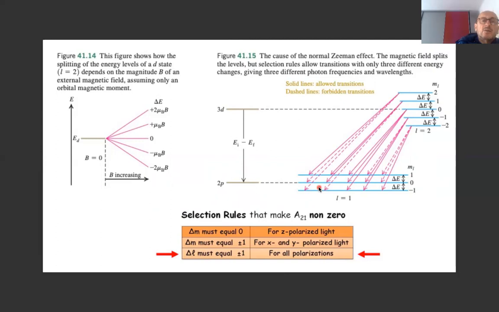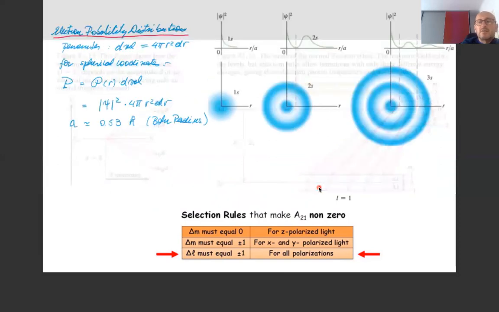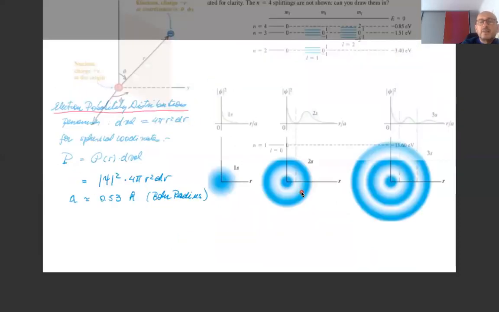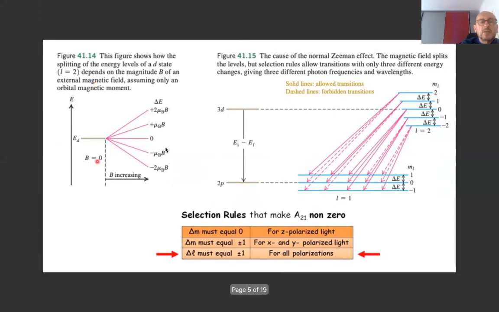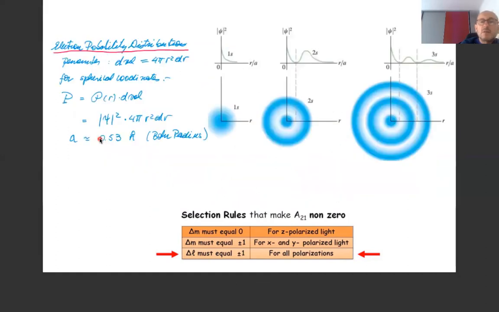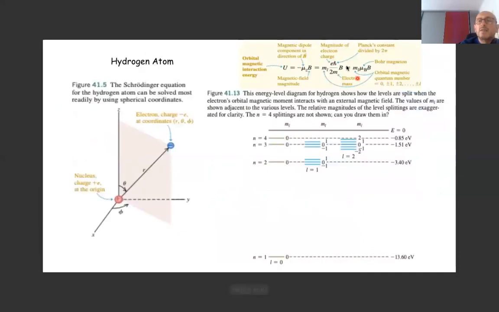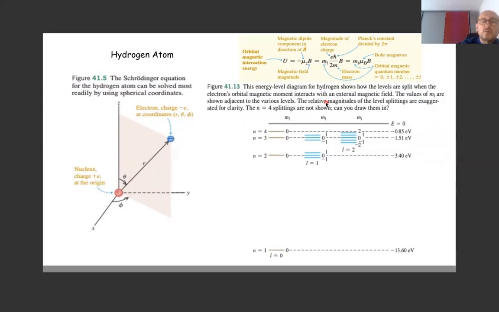And what I have just described, this phenomenon of separation of states, is called the Zeeman effect. This is a case of a D state. D state means L equals 2, and the M values can go from -2 to +2.